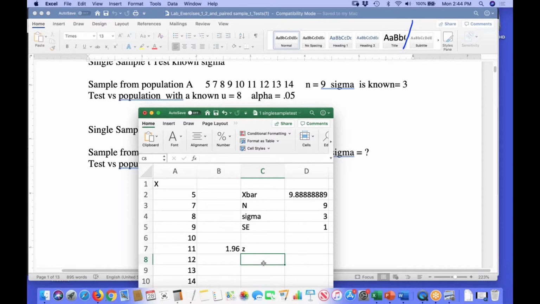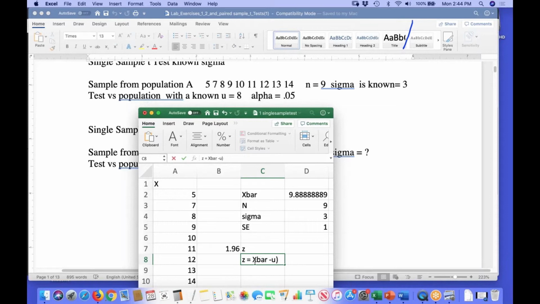So now I want to calculate how many standard errors, how many z's apart, are these two values. And how do I calculate that? Well, z is equal to x bar minus mu, the difference between the two of these.